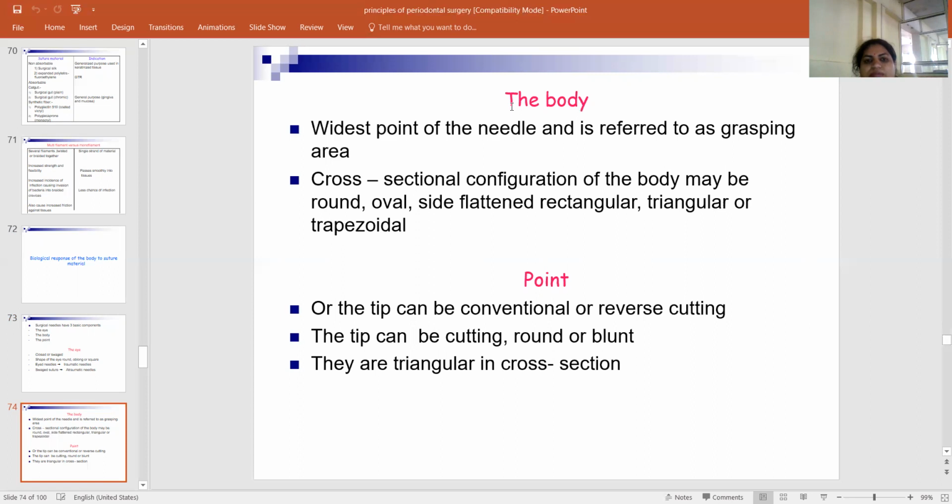The body of the suture needle is held with the help of the needle holder, and the cross-sectional configuration of the body may be round, oval, side-flattened, rectangular, triangular, and trapezoidal. The point, or the tip, can be conventional or reverse cutting, and the tip can be cutting, round, or blunt, triangular in cross section.